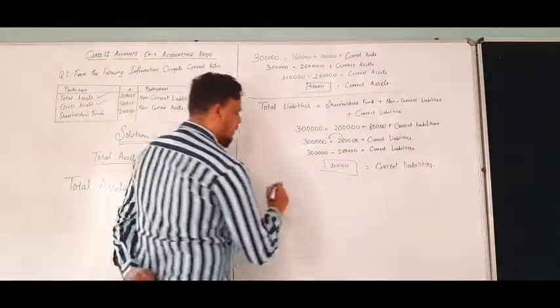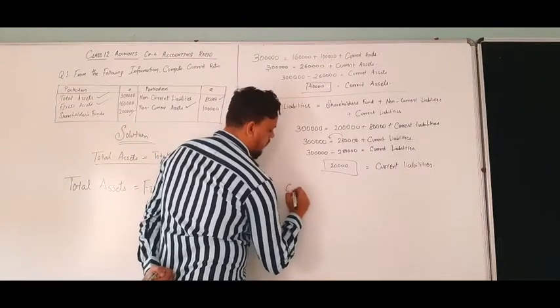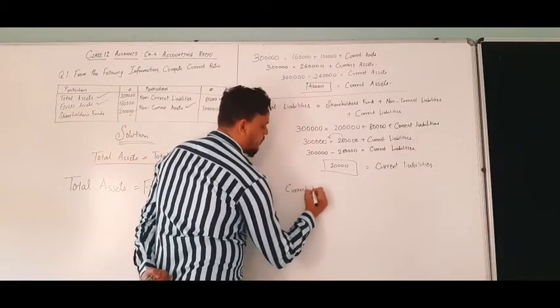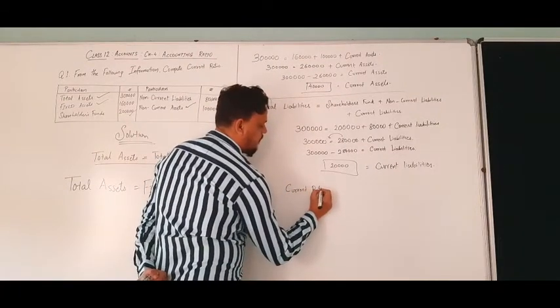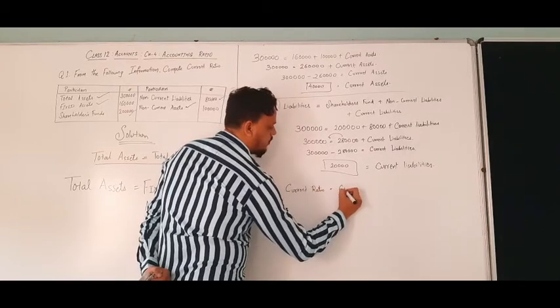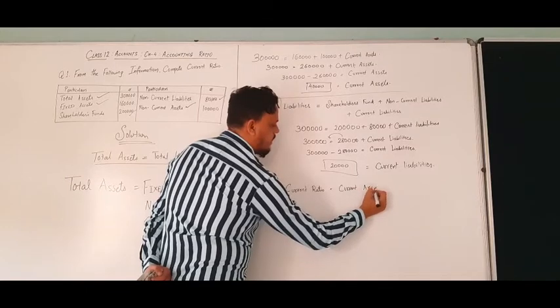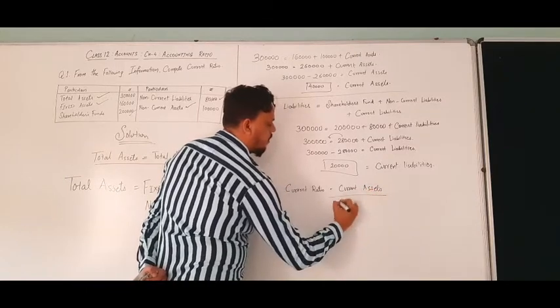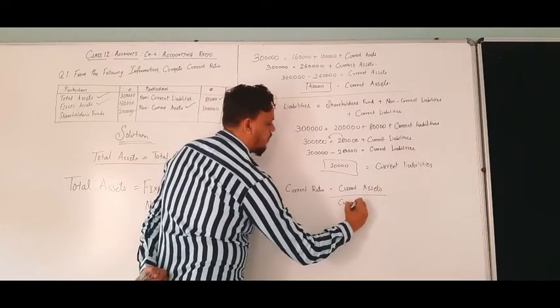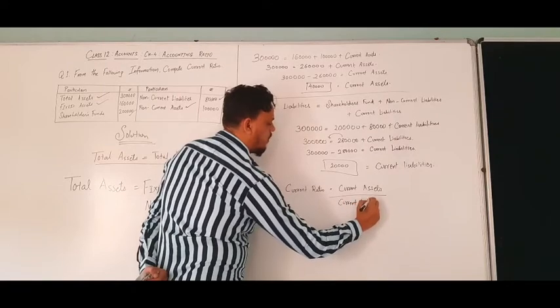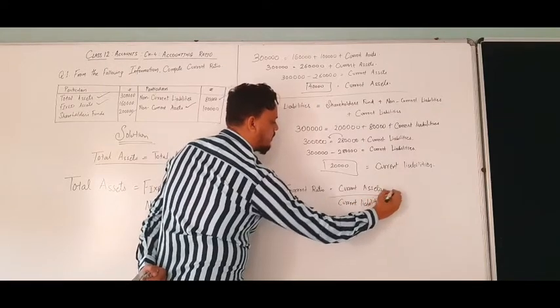Now we can apply the direct formula. In this formula, current ratio is equal to current assets upon current liabilities.